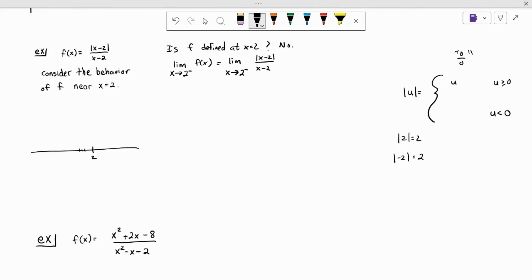So in that case, if we know that u is negative, we just negate it. You negate the thing that you know is negative to give you the positive result that absolute value would give you. So with absolute values, when evaluating limits, you might have to replace the absolute value of u with two cases: where u is positive, you get u, or where u is negative, the absolute value of u is just the negative of u.